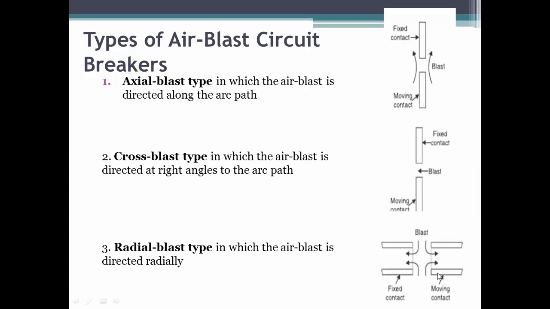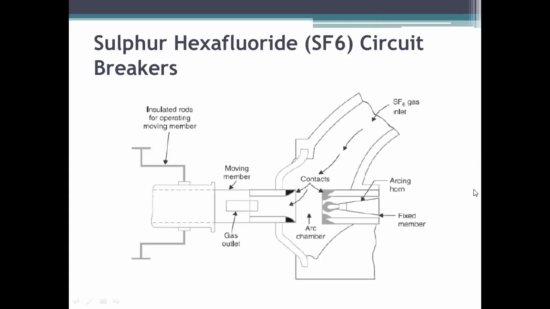Then we have seen the SF6 circuit breaker. SF6 is sulfur hexafluoride. Here we are using SF6 gas, which has more arc quenching properties. It is also non-flammable. There are different properties of this SF6 gas, and it can be used for high voltages, like 115 kV to 230 kV, for transmission purposes.